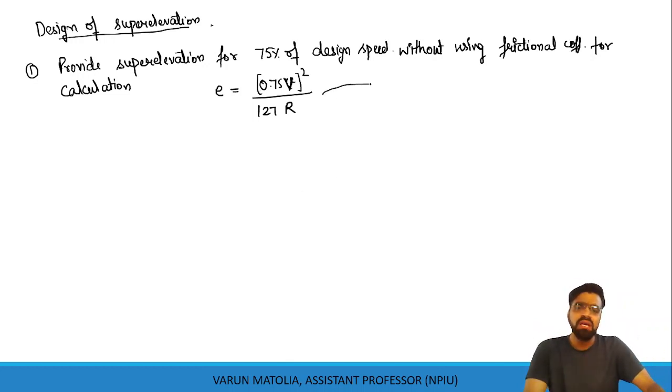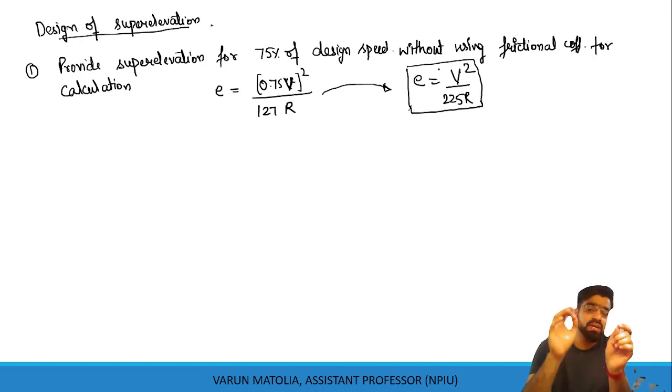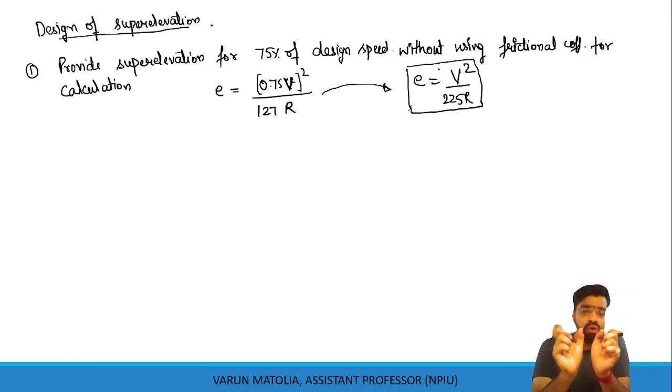So if we write the calculation here, 0.75 square divided by 127, we will get this formula as capital V square by 225 R. So this is the final formula which we use when the word comes design super elevation. Whenever the question quotes this word design super elevation, then this formula will be used.